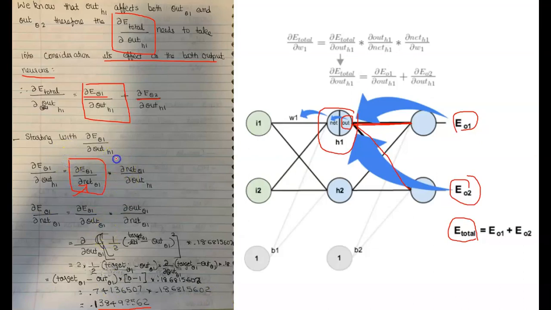It is now time to find dou net O1 divided by dou out H1. Once we find this component also, we will multiply them together to find dou EO1 divided by dou out H1. Then we have to find dou EO2 divided by dou out H1 and add these two components together to find our dou E total by dou out H1.